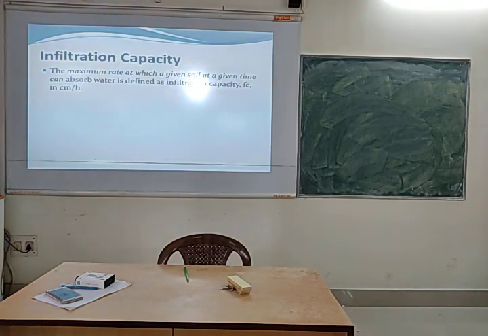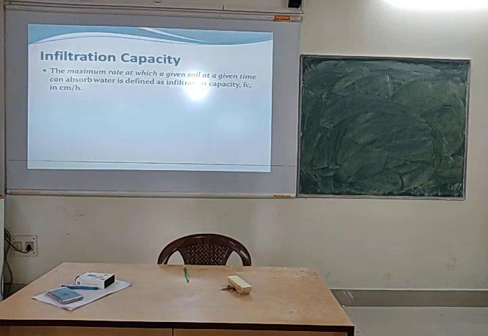That is called the infiltration capacity. Whenever you say capacity, it means the maximum it can bear or maximum it can do. So the maximum rate at which a given soil at a given time can absorb water is defined as the infiltration capacity, FC, and the unit will be the same.